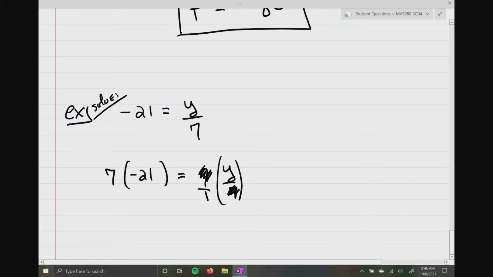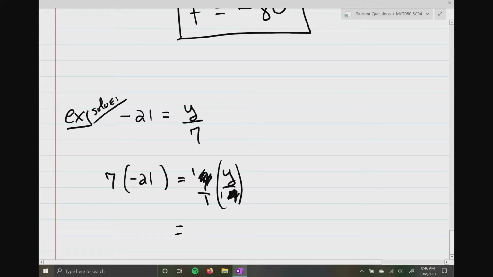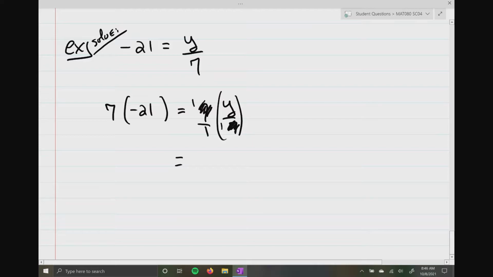What's left over? Well, when you reduce 7 over 7, you can replace it with the number 1. So you're left over with, and if you write 1 times y, that's fine, but you don't have to write the number 1. The whole reason why we multiply both sides by 7 is to get rid of that denominator. We hate it, so we get rid of it.